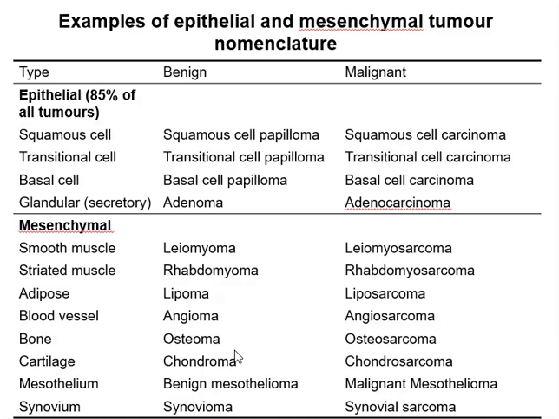Whereas if I saw a scientific study on rhabdomyomas, I know that a rhabdomyoma is the benign form. It would be sarcoma if it was the malignant form, and I just know that striated muscle, that's the prefix that we use. So scientific studies, pathological studies don't always spell out what we are dealing with.